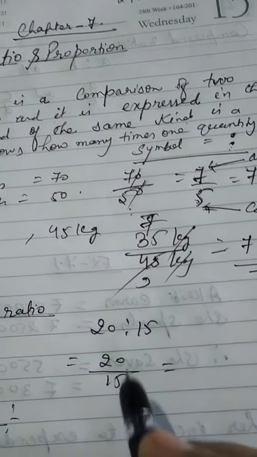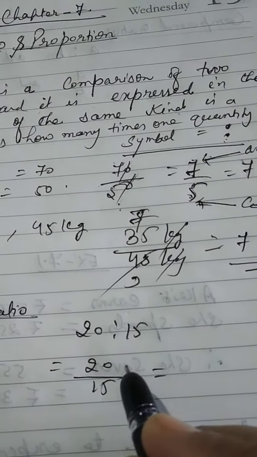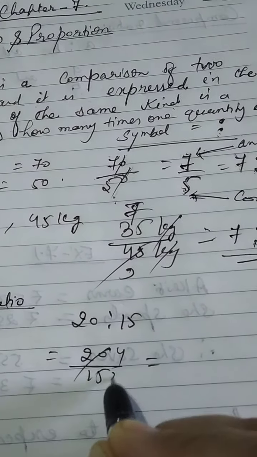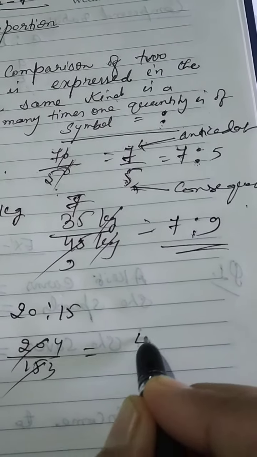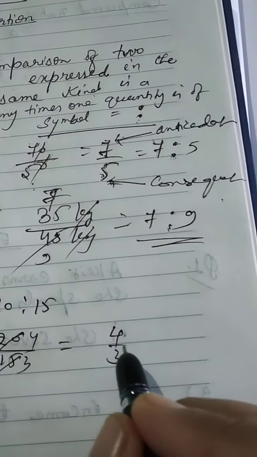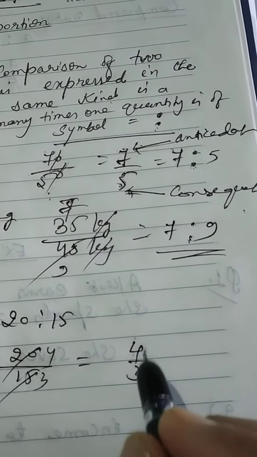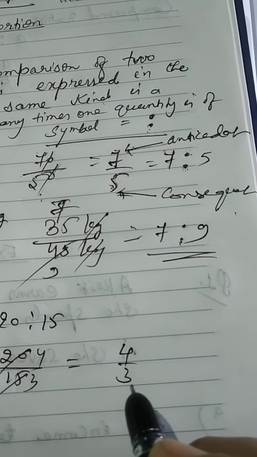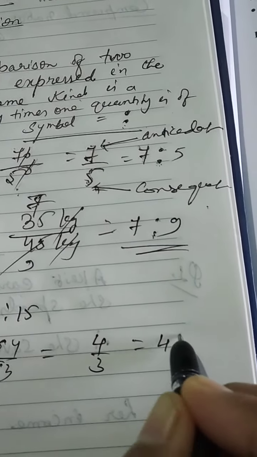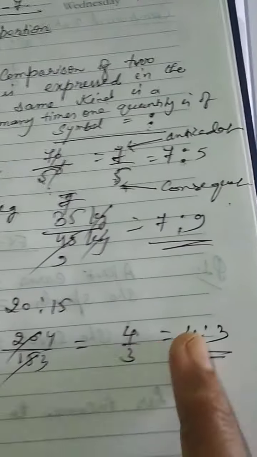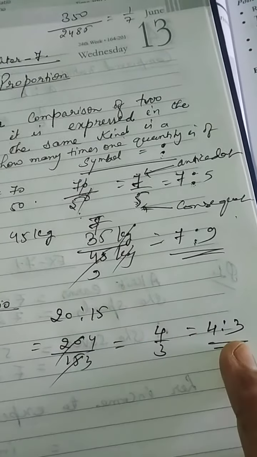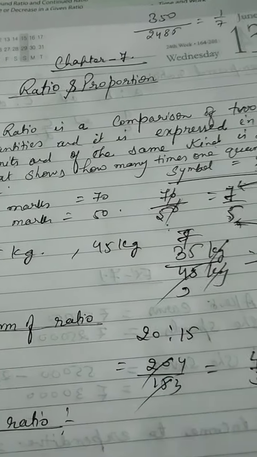No, we can write it in simplest form by cancelling out: 5 4s are 20, 5 3s are 15. So 4 by 3. Can we cancel further? No, it has no common factor other than 1. So we can write it in ratio form 4:3. This is the simplest form of this ratio. I hope it is clear.